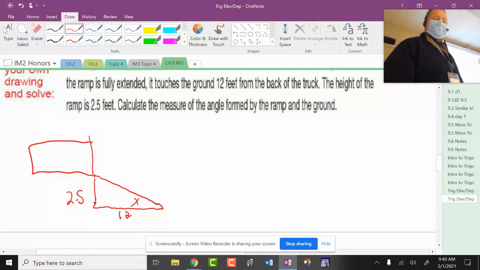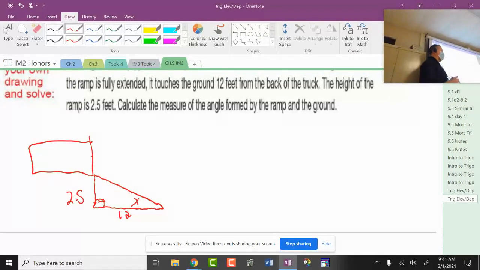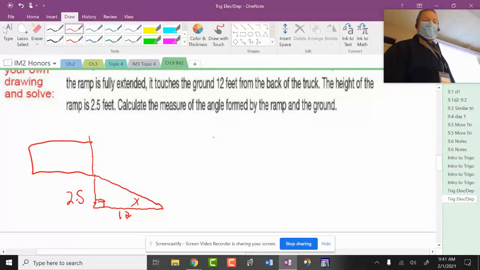After this, some assumptions. The ground is horizontal. These are things that we do have to assume for us to be able to proceed, because this must be a right triangle. So, and then it's tangent. And yet again, it's tan of x equals 2.5 over 12, where we have to find the angle measure. So x actually equals inverse tan.